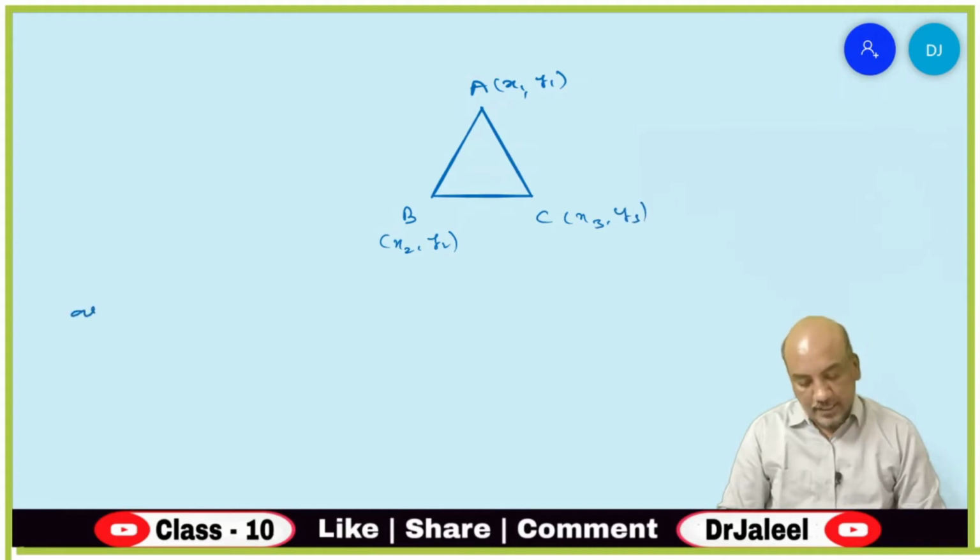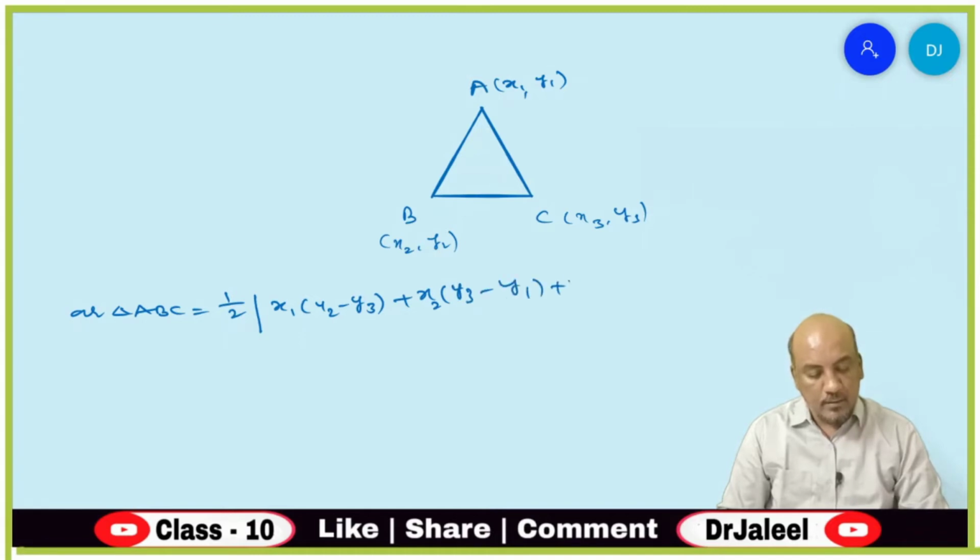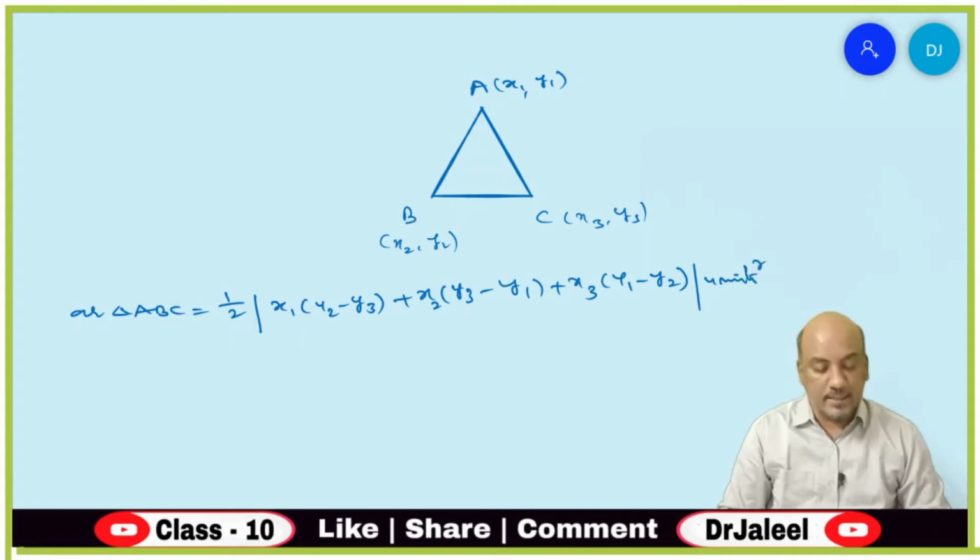Then the area of this triangle ABC is equal to half of modulus of x1(y2 minus y3) plus x2(y3 minus y1) plus x3(y1 minus y2) units, that is unit square. Why unit square? Because it is the area of a triangle.